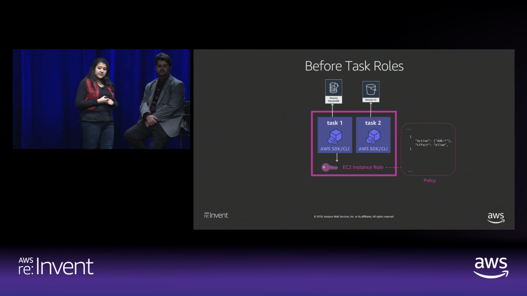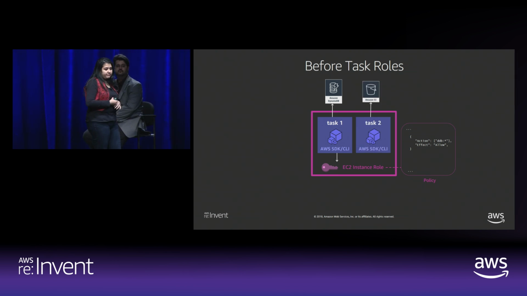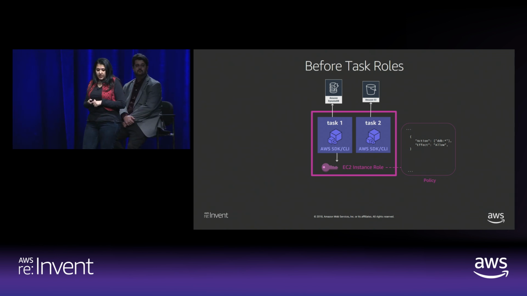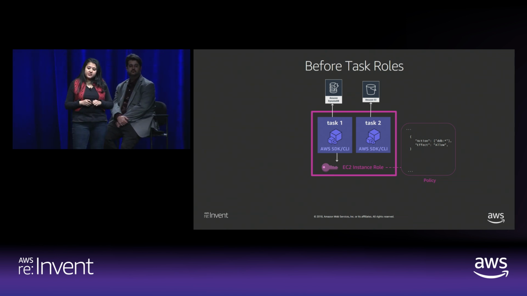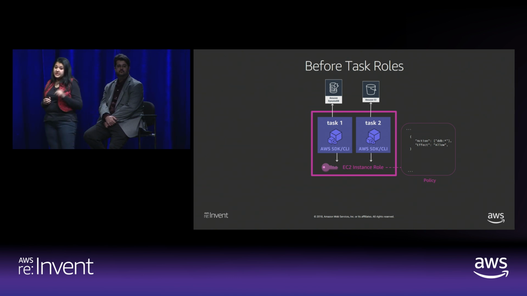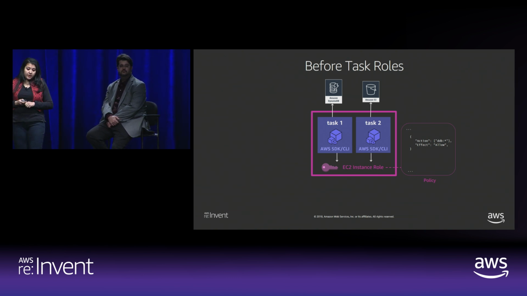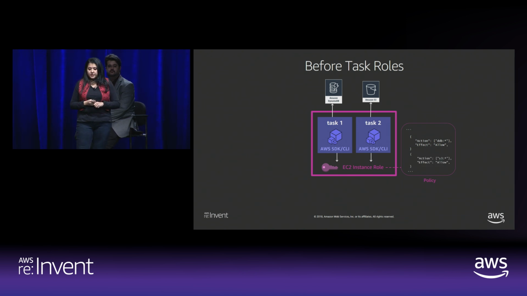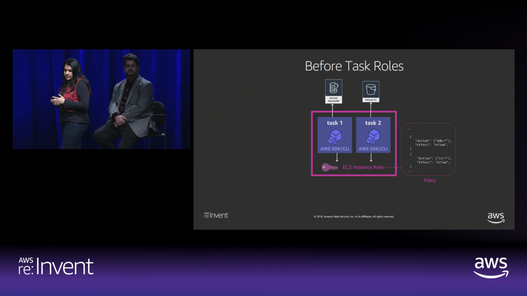Now, if you launch a second task onto this instance that's accessing some other kind of resource, let's say an S3 bucket in this case, the SDK within that task is also falling back to use the same EC2 instance role. And so the policy that goes with your instance role also needs to allow S3 actions.